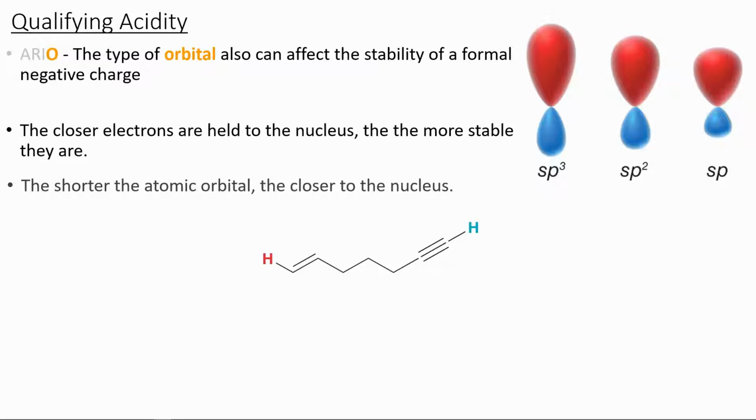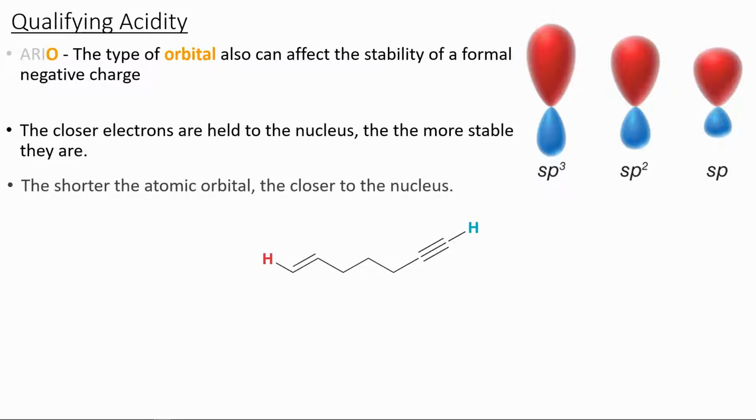The final factor that we're going to look at, which affects the acidity of a molecule or the ability to stabilize a conjugate base, is going to be the type of orbital that the negative charge is residing in. So the closer electrons are held to the nucleus, the more stable they're going to be.